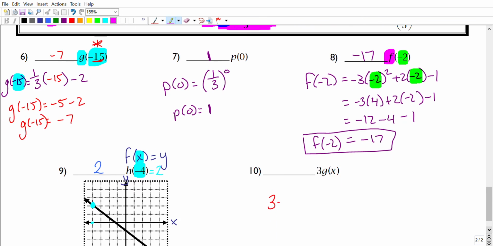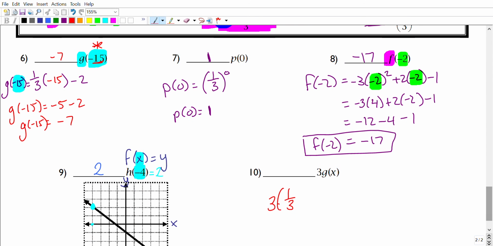So let's go ahead and multiply that out. So 3 times 1/3 x minus 2. Now remember, this is multiplication here, and the 1/3 x minus 2 is inside a parentheses, meaning we have to distribute that 3.